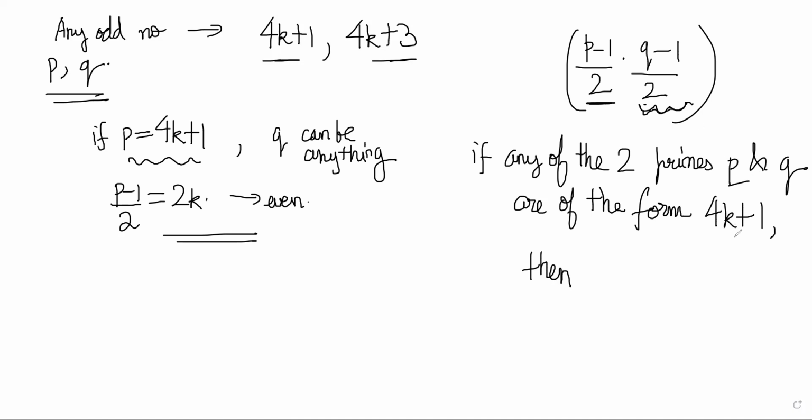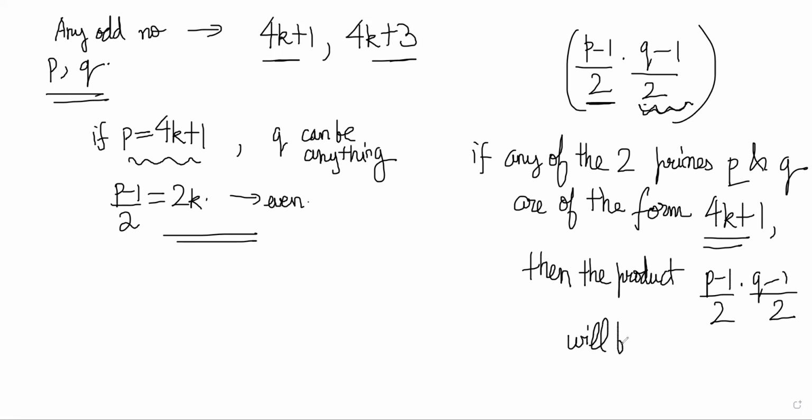If any of them is of the form 4k plus 1, then the product (P minus 1) by 2 times (Q minus 1) by 2 will be even, right? And we don't have to worry about other cases in that case. Any one of them being of the form 4k plus 1 ensures that the product is even. However, if the product has to be odd, then none of them should be 4k plus 1.